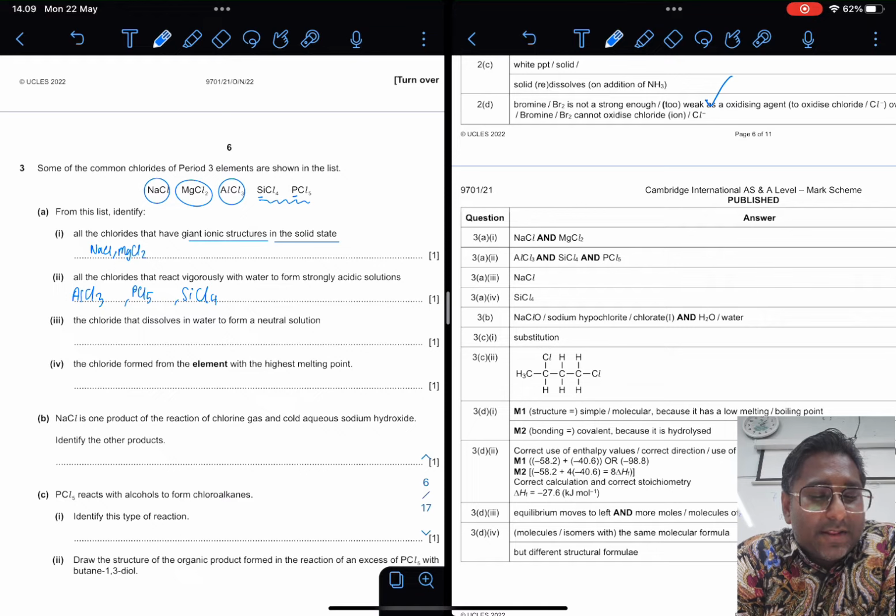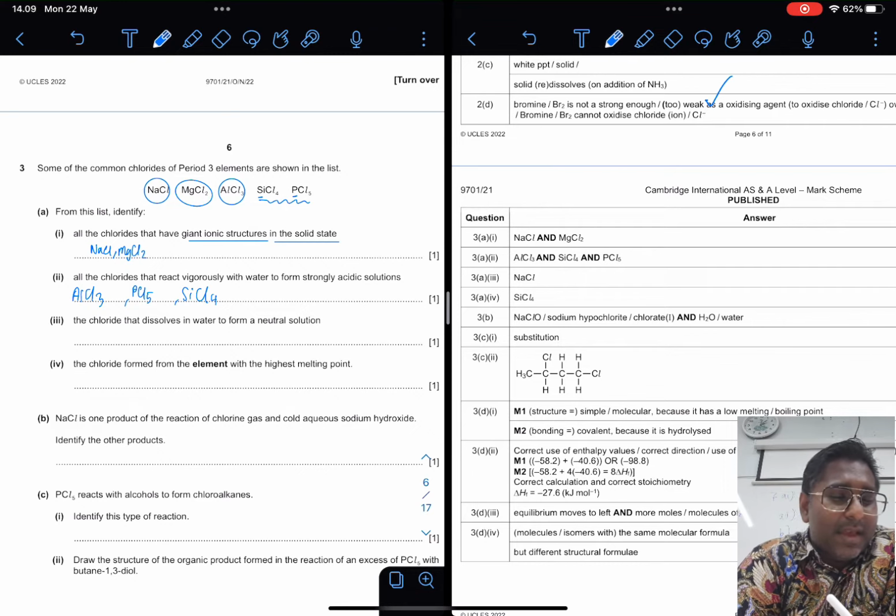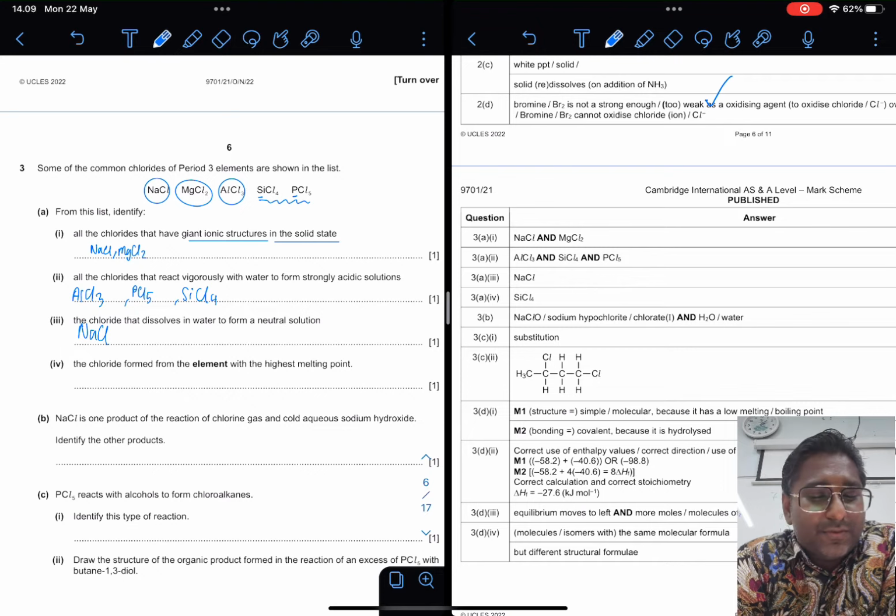The chloride that dissolves in water to form a neutral solution is NaCl.